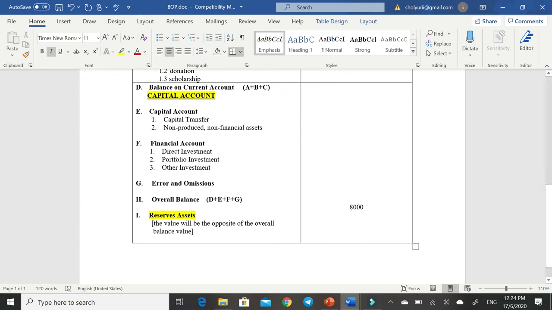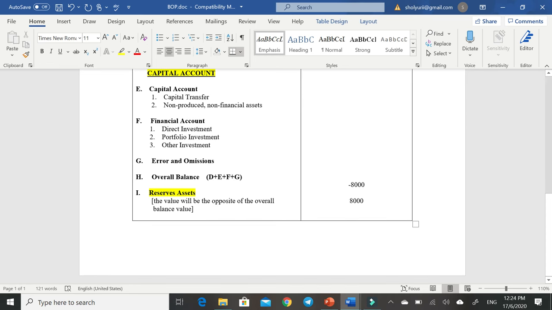Nilai reserve asset ni akan jadi sebaliknya, which is negative 8,000. Very simple. The value of reserve asset is the opposite of the value of overall balance. Kalau overall balance kita negative, reserve asset kita akan jadi positive.